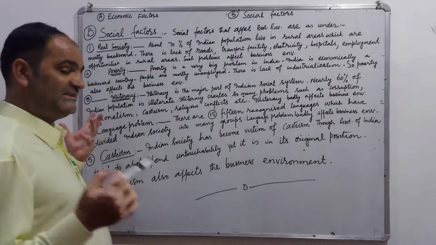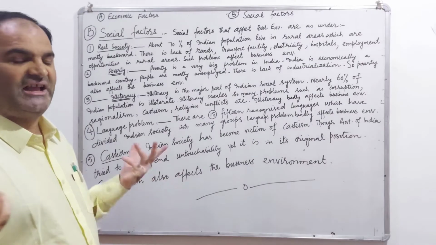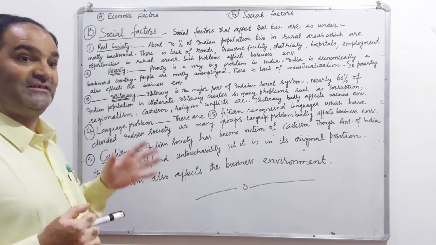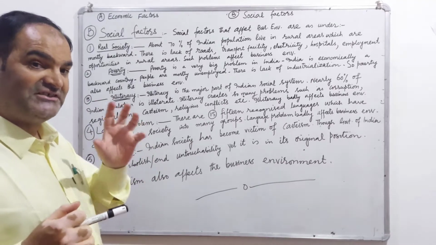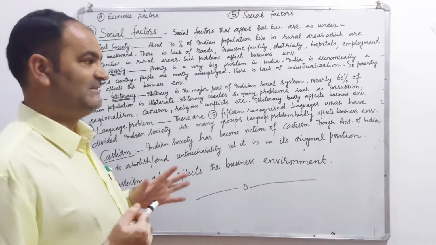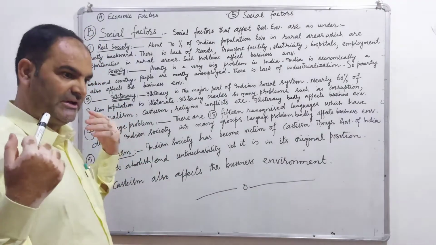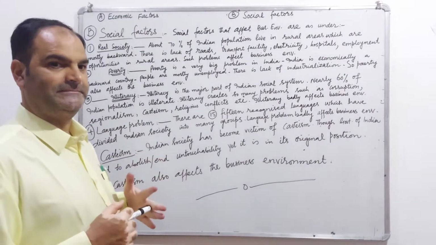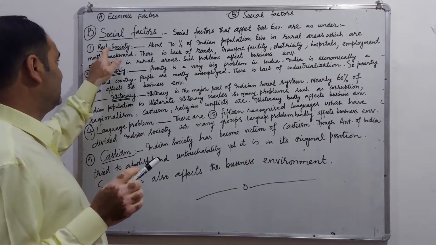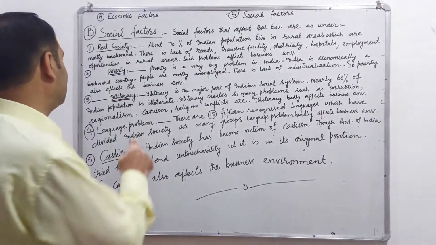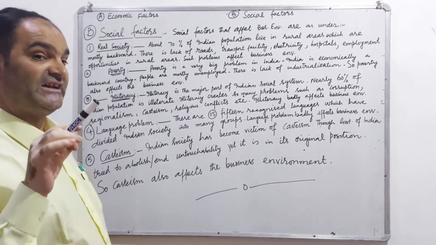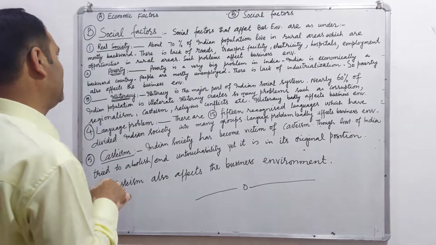For example, there is lack of roads, lack of transport facility, lack of education, quality educational facilities, lack of marts and malls, lack of employment opportunities. So this factor, that is rural society, affects the business environment.